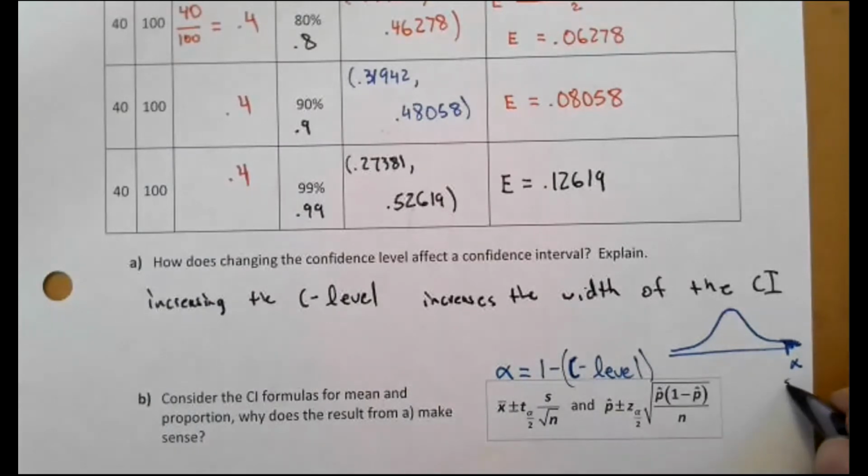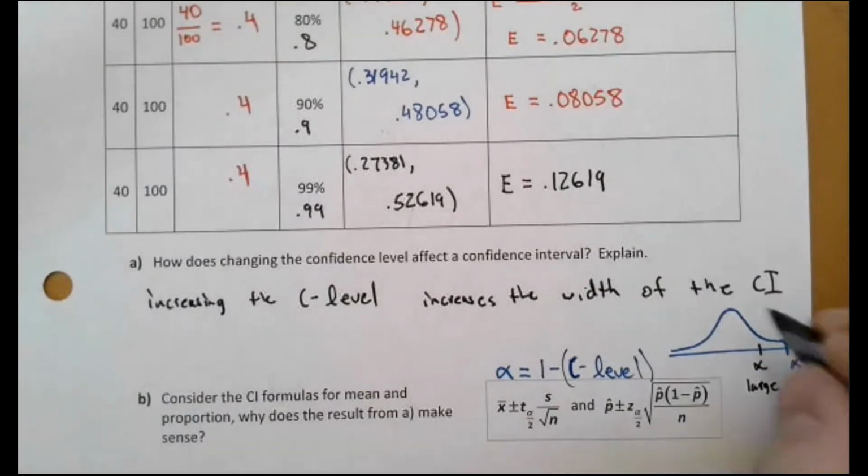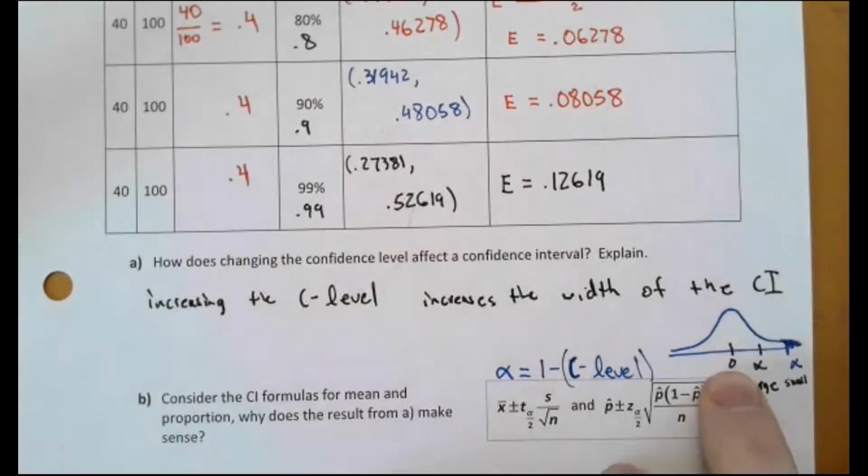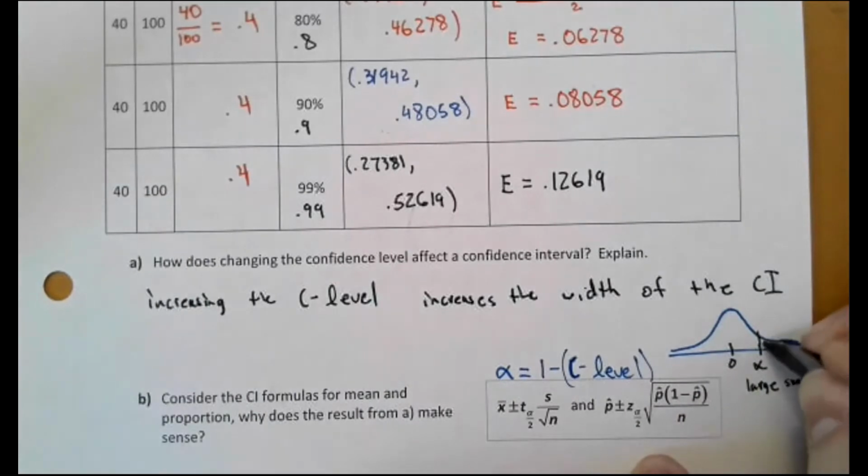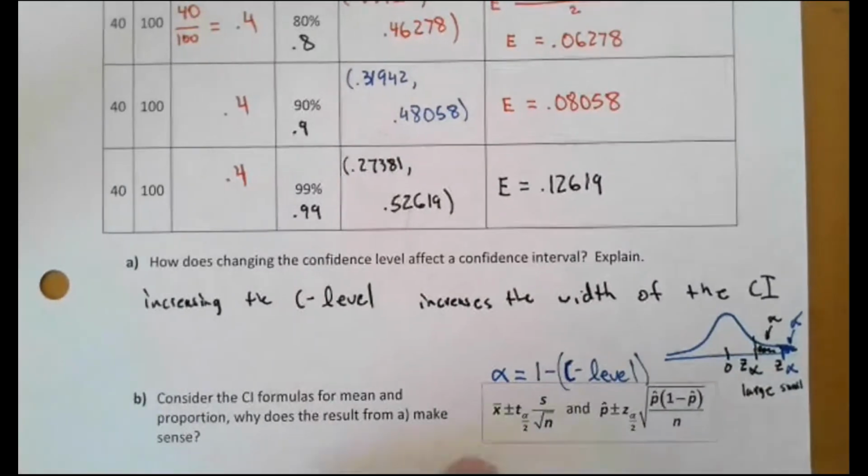So this is a small alpha, and this is a large alpha, and recall that this is a value on the x-axis. We start at 0, and we'll call these Z alphas. They could be T alphas. So this Z alpha is going to be a smaller number than this Z alpha. And the same thing is true for the T's.